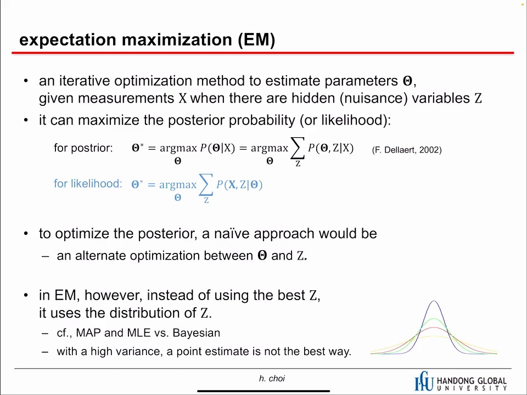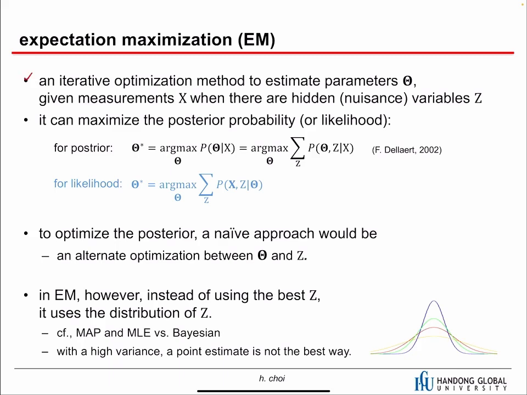But in this case, the assignment and update steps have different names, because when we derive the equations, we have an expectation step and a maximization step. That's why we call it the EM algorithm, the expectation maximization algorithm. But basically this EM algorithm is quite similar to the k-means algorithm. It's a more generalized version of the k-means algorithm.